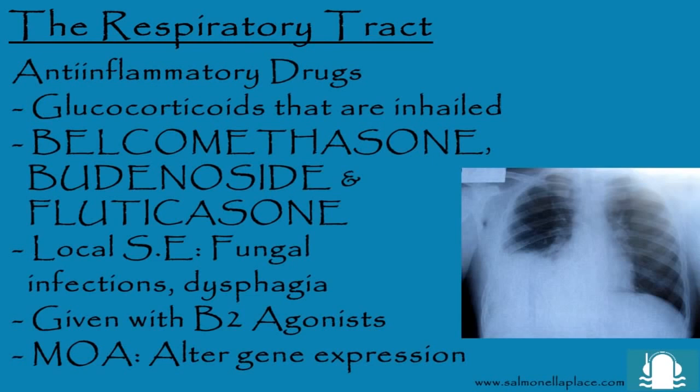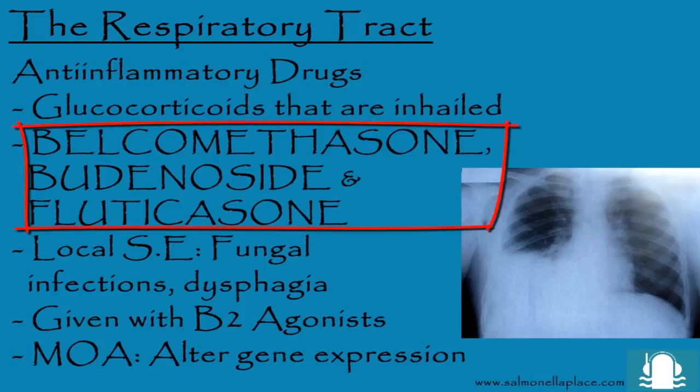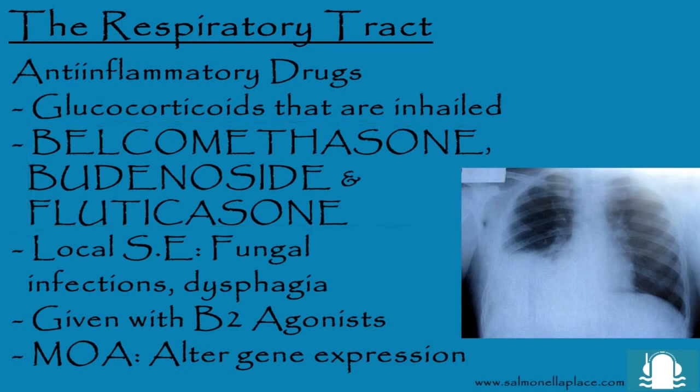The next drug group is anti-inflammatory drugs. These are inhaled steroids called glucocorticoids. They are used for prophylaxis, immunosuppression, and of course against inflammation. The drugs include beclomethasone, budesonide, and fluticasone. They have a high first-pass effect and no systemic side effects.